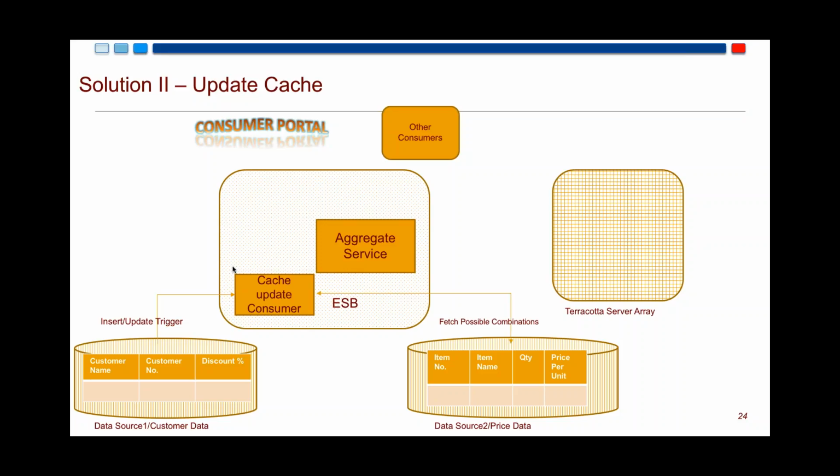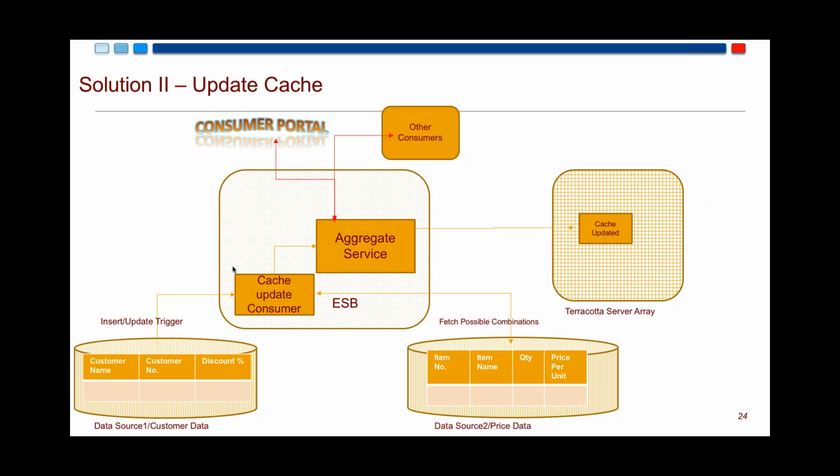In the customized service, we build logic to come up with all the possible input combinations for the updated data set, invoke the same aggregate service which is cached using solution 1, and update the cache in the Terracotta server array.